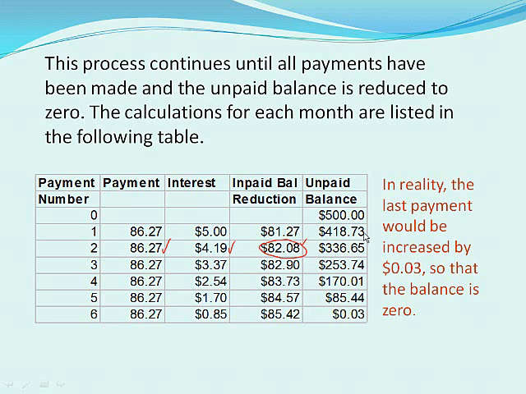So 418.73 comes down to 336.65. Then you continue like that. At the end of 6 months, we will be amortizing the loan. Actually, there is 3 cents left over here, which is due to rounding errors. In reality, the last payment would be increased by 3 cents so that the balance is 0. That means the loan is completely amortized.